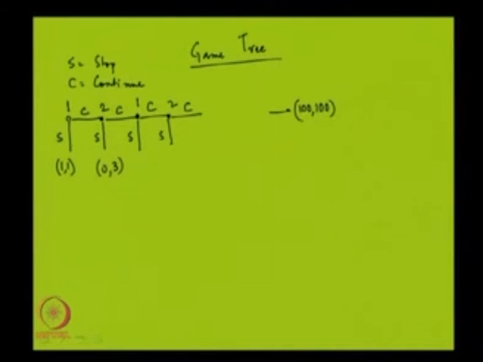Instead, if player 2 says continue and in the next stage player 1 says stop, then basically 1 rupee has been taken away from player 2 and transformed into 2 rupees given to player 1. So, this is the payoff after stage 3. If player 1 says continue, again 1 rupee will be taken away from him, and if player 2 says stop in the next stage, 1-4 will be the payoff. So, likewise it goes on.